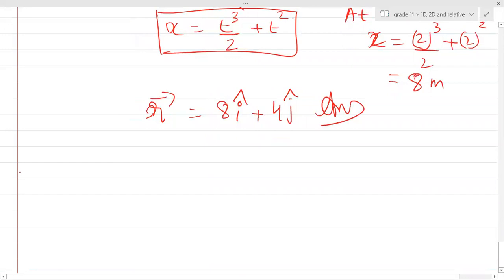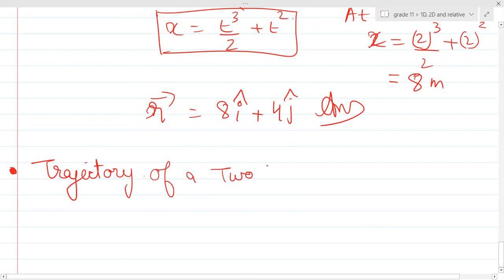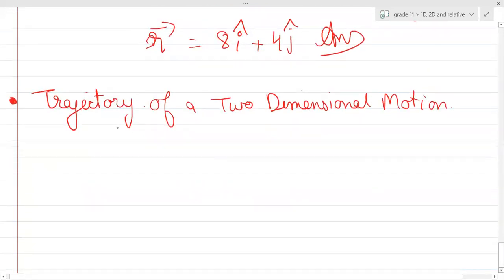Now let's talk about the trajectory. Do you remember I talked about the trajectory? The trajectory of a two-dimensional motion. I told you, the path of the motion is basically called the trajectory, right?